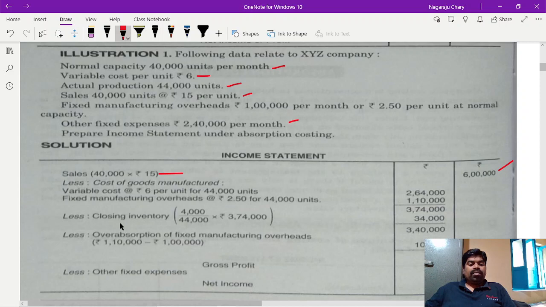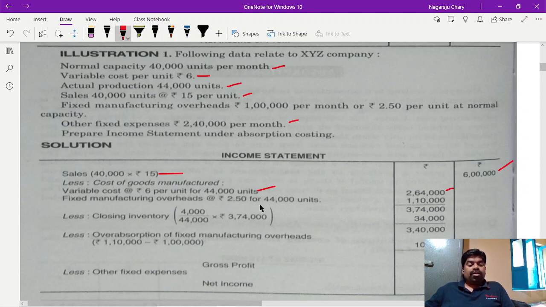In that we have materials. 44,000 units are produced. The capacity is 40,000 units, but actually 44,000 units were produced. Each unit has a variable cost of 6 rupees, so 6 rupees times 44,000 units gives 2,64,000 rupees as variable cost.